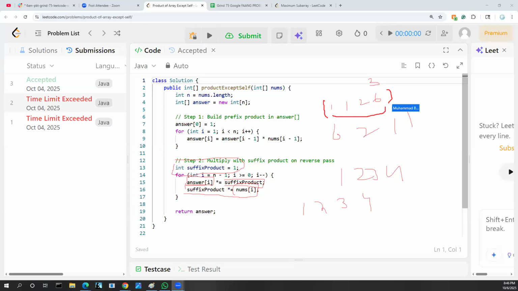And we are starting with answer of I. For now, we have I equal to 3, right? And at answer of I, which is this 3, we have 6, right? 6 into 1 will be 6, okay?